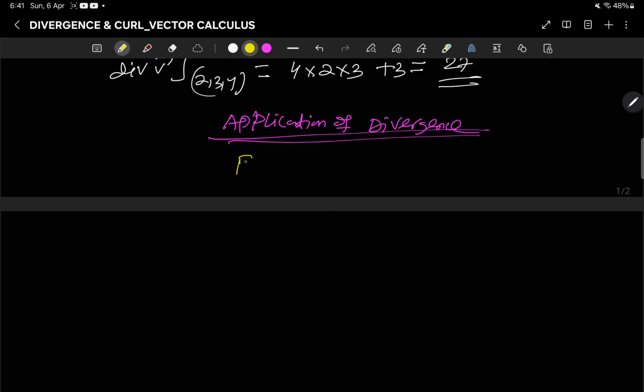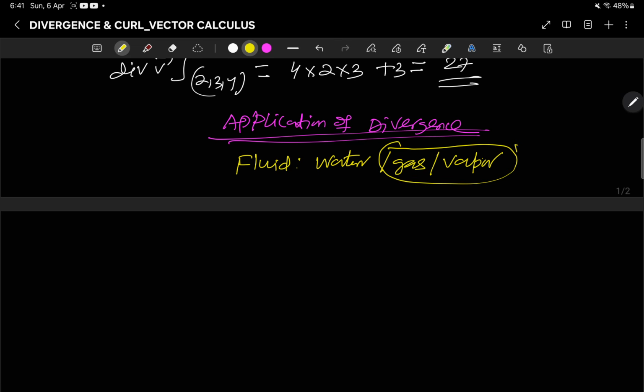Here, by saying fluid, what do we mean? By fluid we mean it may be air, water, gas, or vapor. Gas and vapor are compressible fluids, and water is an incompressible fluid.